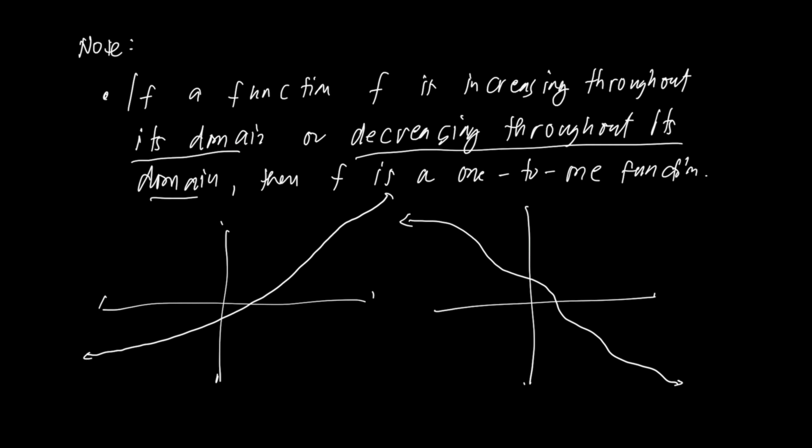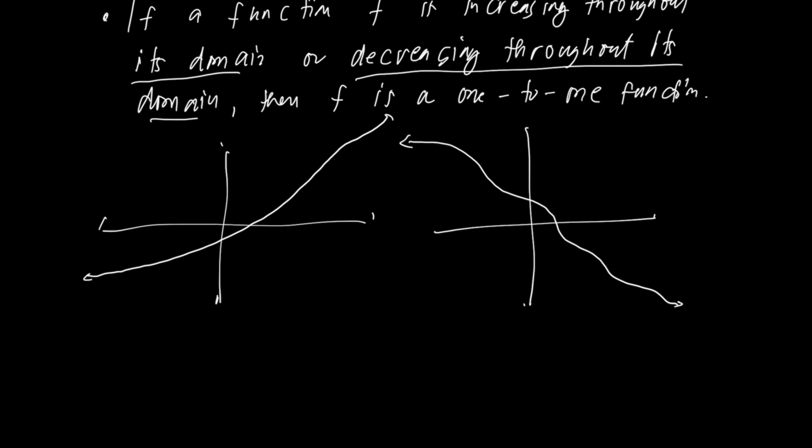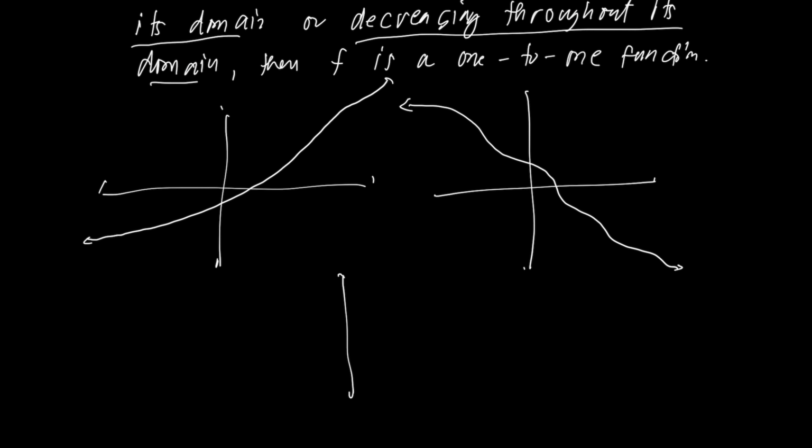However, if there is one interval in the domain where the function is neither increasing nor decreasing, meaning it's constant in that part, then that function is not 1-to-1. For example, if it increases here, then suddenly becomes constant here, then increases again.